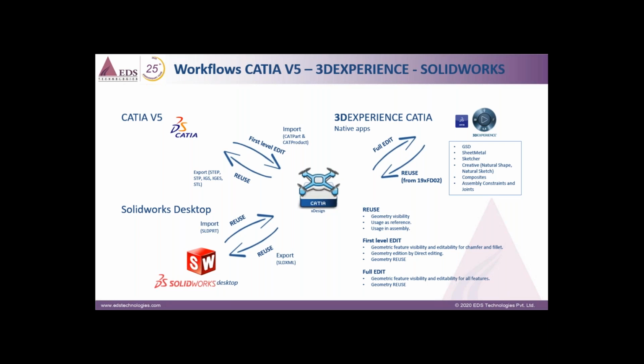Or if you have created a new design on the web using 3D Innovator, can we use the same data to create in the 3D experience native application, to maintain the digital thread and continuity for the component without any data loss? From our end, the answer is yes.